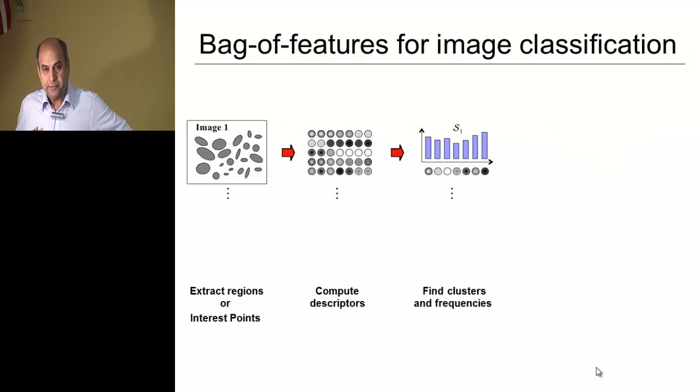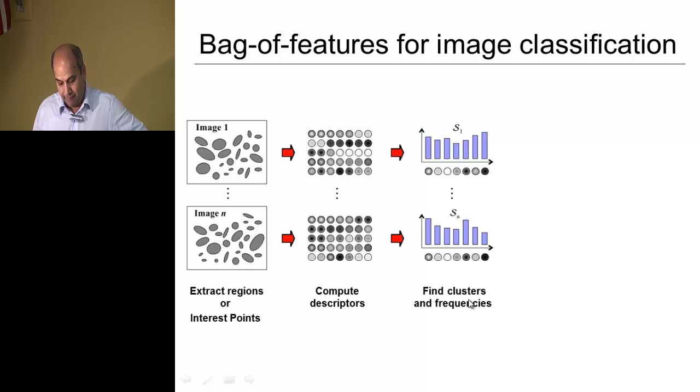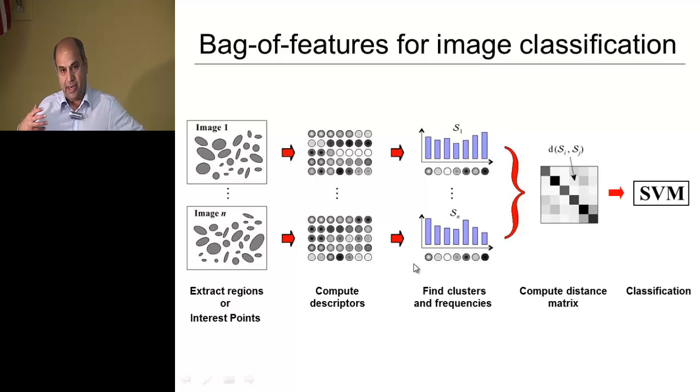Then the process for images is similar. We take an input image, we find some interest points, then we compute some descriptors, and then we find the clusters of those descriptors, as I explained to you. Then we have another image, we do the same thing, and then we train a classifier.